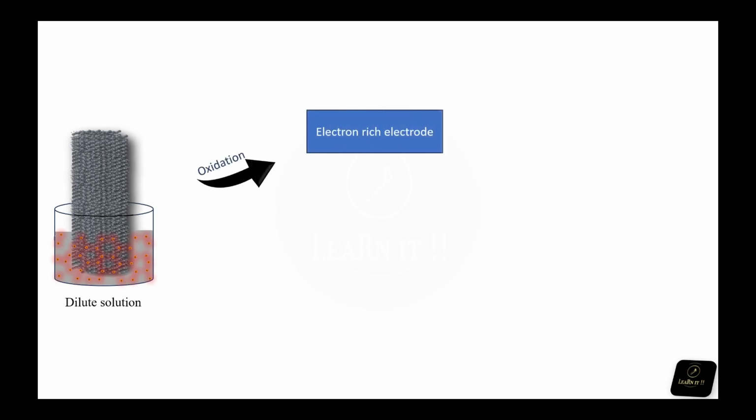In conclusion, when a metal is in contact with a dilute solution of its own ion, there will be oxidation, which leads to an electron-rich electrode called the anode, represented by the metal in contact with its own ion having a certain concentration.